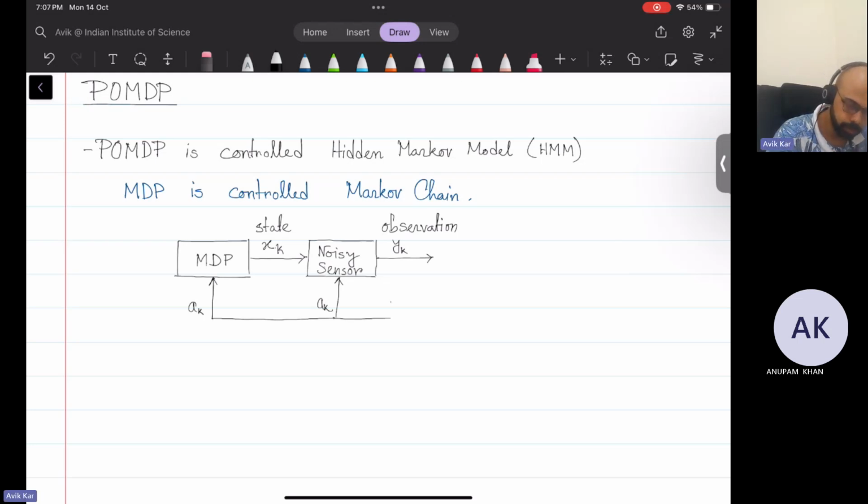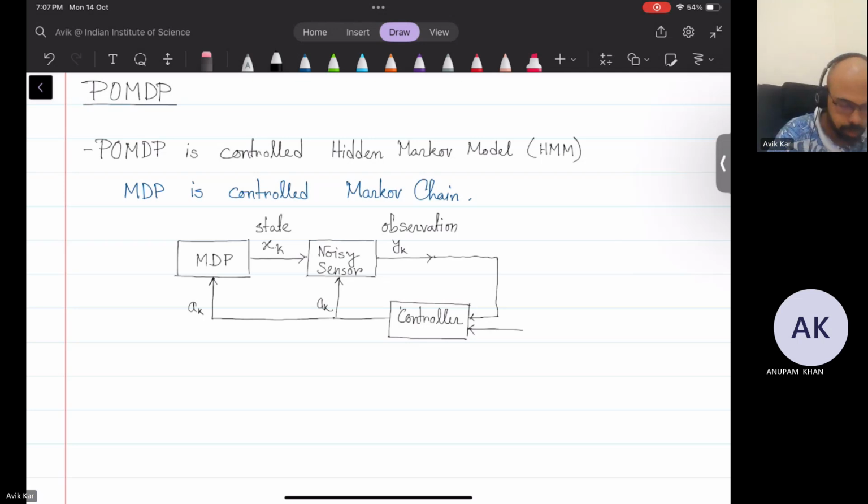And here is some decision maker, a controller, which is seeing this Y_k and some additional information.